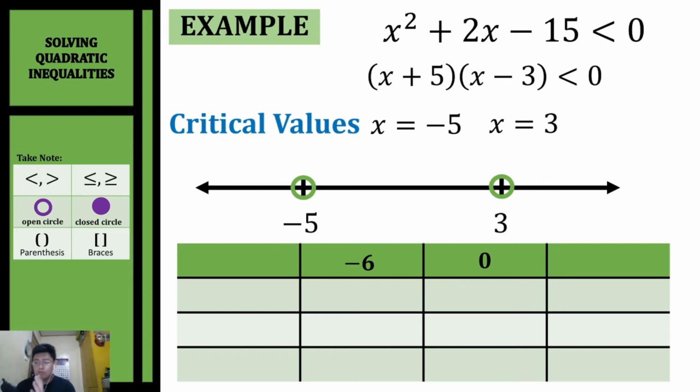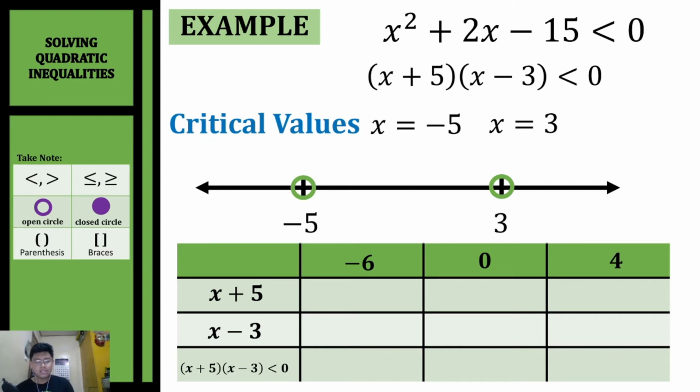From 3 to positive infinity, let's say 4. Then we will test our representatives by applying the table of signs. So we will substitute them to our factors and then test if the result will be less than 0. Okay. So if we multiply x plus 5 and x minus 3, will it be less than 0?